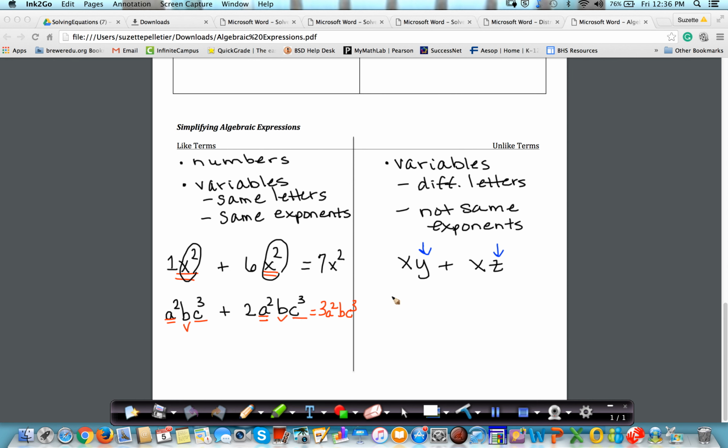Same thing with 3 m n squared plus 4 m squared n. Again, while the letters are the same, that's fabulous, the exponents do not match. So we don't have an m squared and an m squared. We can't combine them. Same thing here with the n squared and the n to the first power. They do not match. Okay, so that's the difference between like and unlike terms and whether or not you can combine them or not.